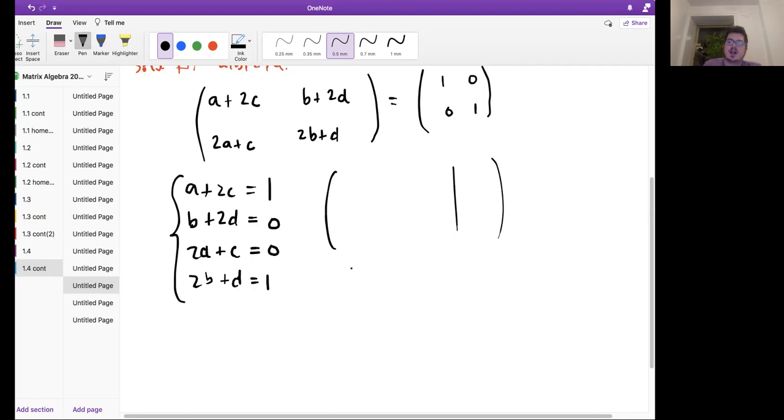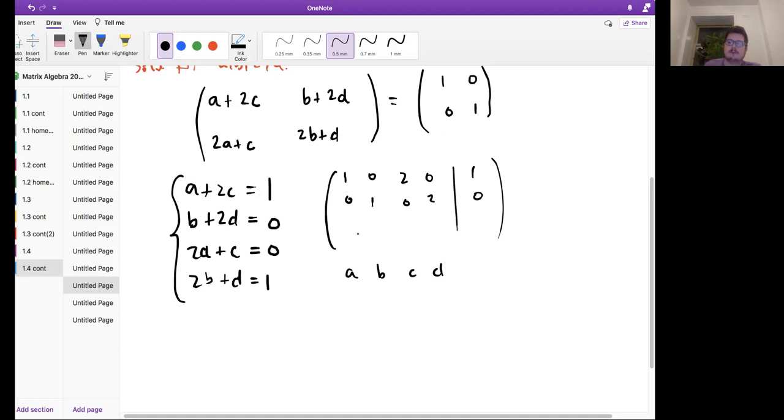So let's let the columns be A, B, C, D. Yes, there's some zeros in there. 1, 0, 2, 0, 1. What's the second row? Zero, 1, 0, 2, 0.